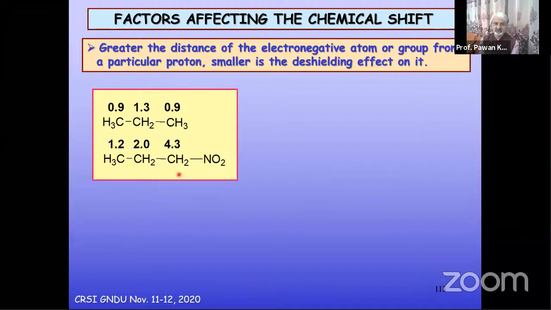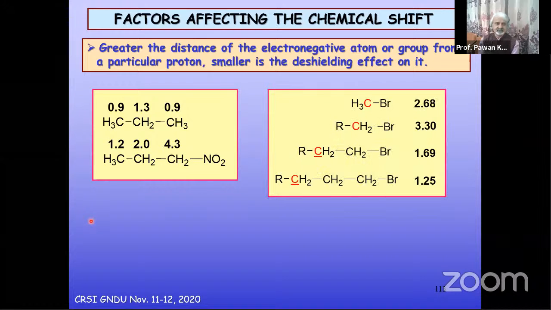So the electron density on the CH2 protons is much less because of the presence of the nitro, with the result that it is de-shielding. In fact, it is lesser shielding. So de-shielding, downfield, higher delta. So you can see 4.3 to 1.2. Why? Because the distance of these CH2 protons is more as compared to these CH2 protons from the nitro group. The impact is of the nitro group.